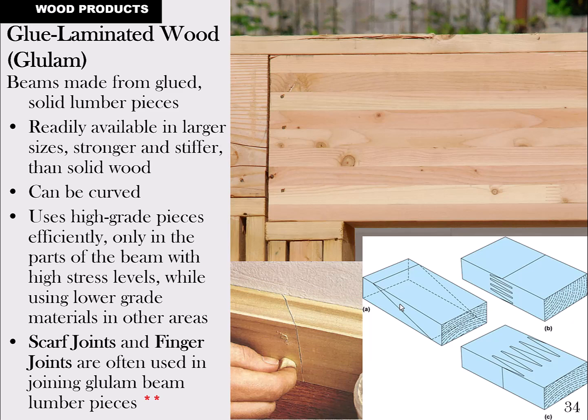In this picture, the second row from the bottom of that beam at the top of the page, you can see what we call a finger joint, where they've routed fingers on each end of each board that fit together to make a lot of surface area to glue. That's one way to get a good joint. Down at the bottom, those little blue drawings show how finger jointing is done to join wood in molding and in beams like this.